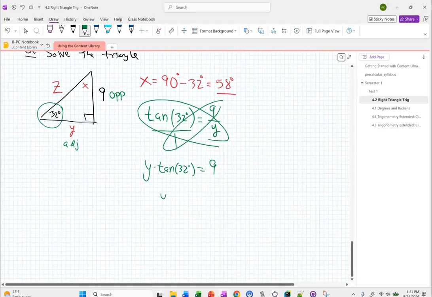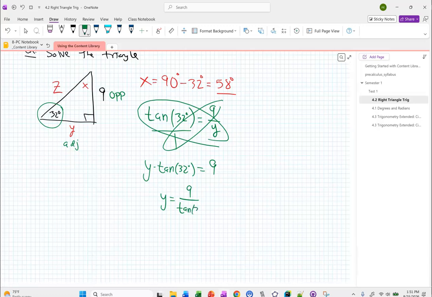And then I just divide both sides by tan 32. And into my calculator this goes. And I get about 14.40. Feel good so far?